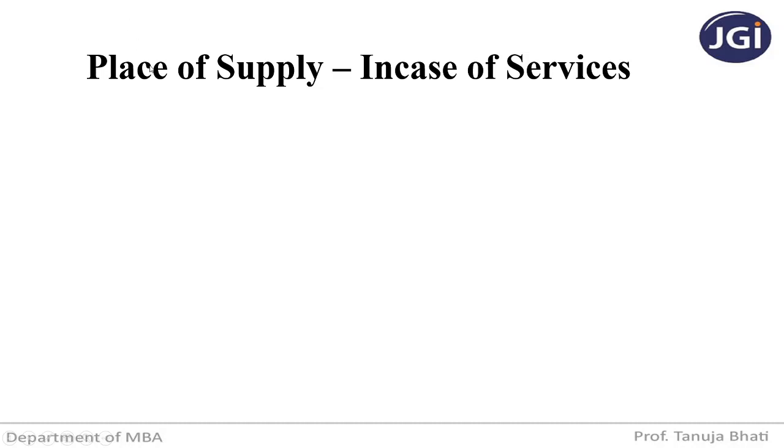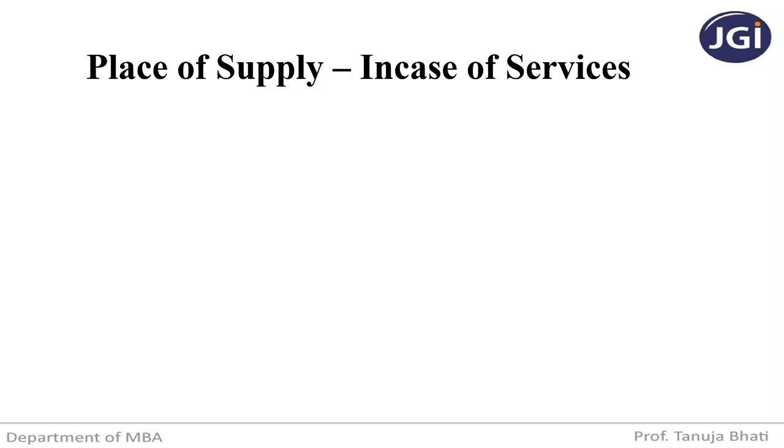So, place of supply in case of services is very important. What is place of supply? As I've already told you in the previous video lecture, the place of supply provision is required to determine the taxable jurisdiction where the GST tax should reach.